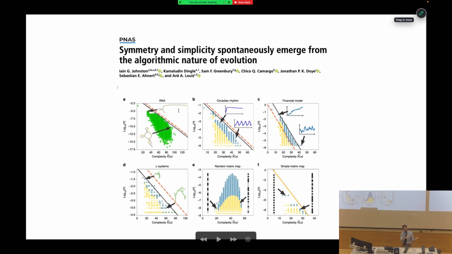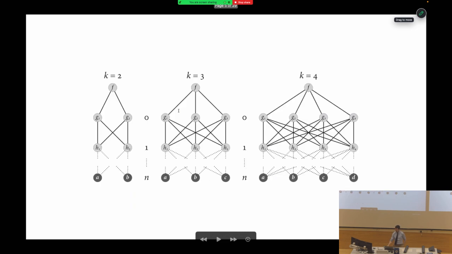In other words, you could say this is an argument strongly in favor of convergent evolution. Now, I was interested in this, and instead of just looking at it empirically, I wanted to look at it more formally and try to prove something and predict something about why we see this simplicity bias in input-output maps.